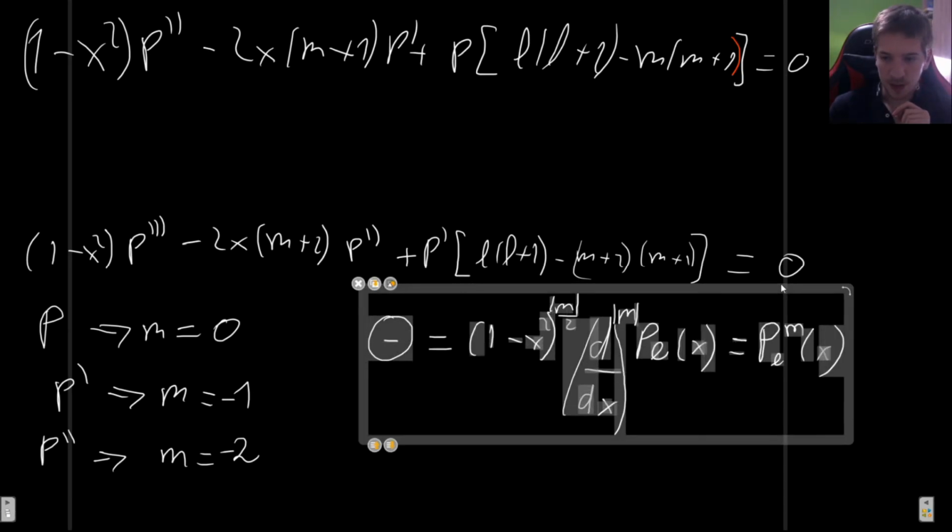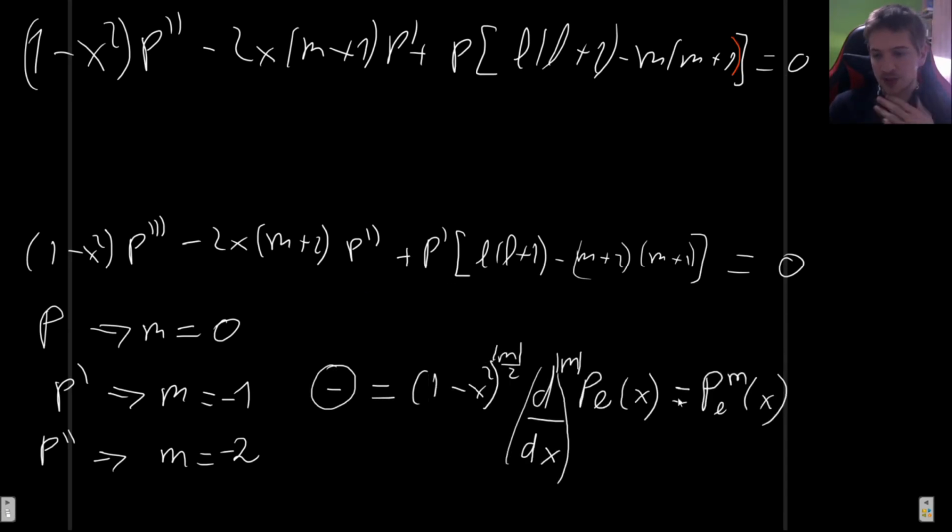But remember, originally we had it at x, but it's just a matter of plugging it back in, the d by dx, putting it back. But this is the solution. So remember, this is the associated Legendre polynomial, which is the solution to the associated Legendre equation.